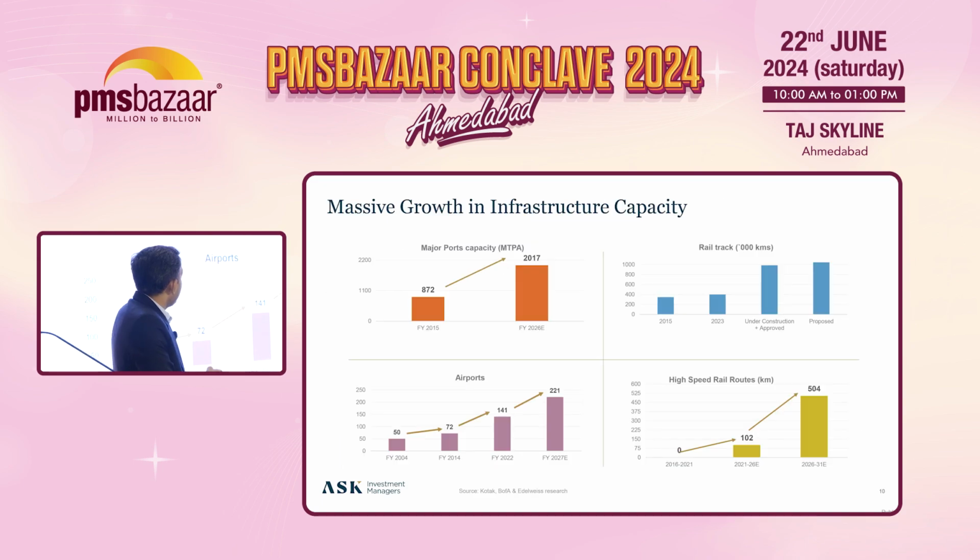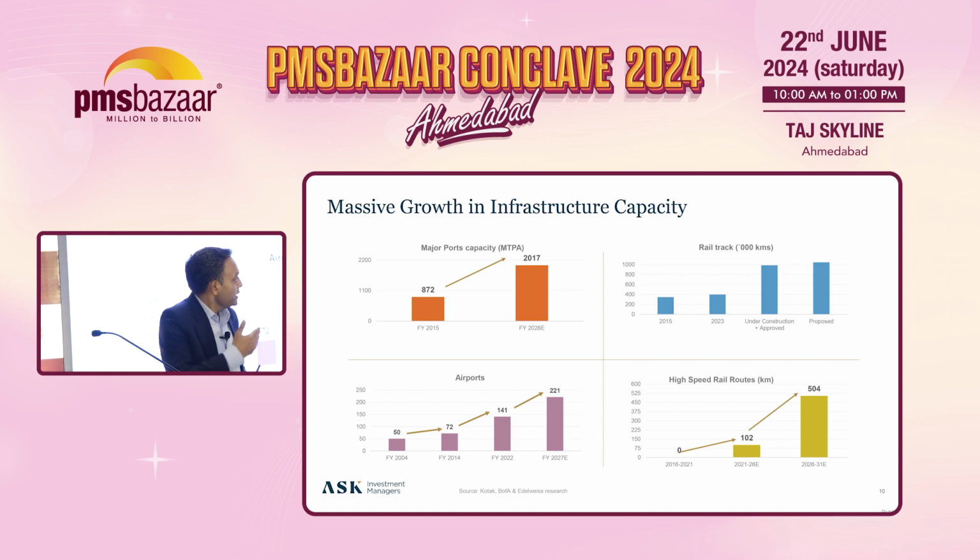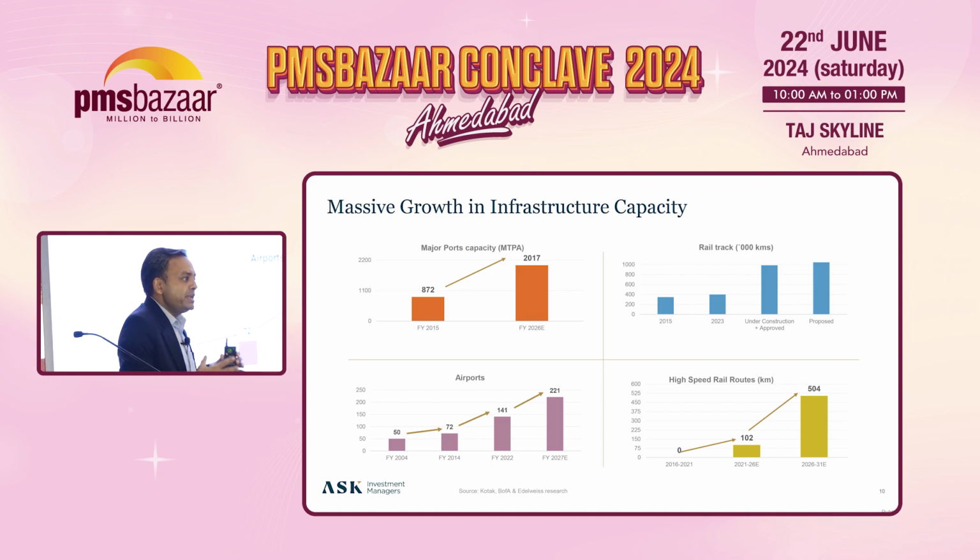Let's look at ports. So this story is not only about power. This story is across various sectors. Indian ports handle about 1.5 billion tons of cargo combined. The ports in China handle about 15 billion tons. So China as an economy is about 5.5 to 6x our size.